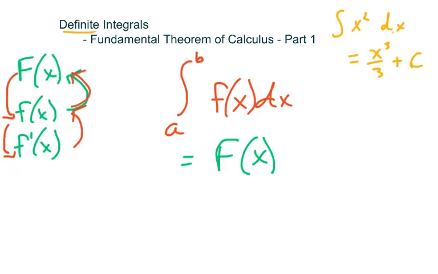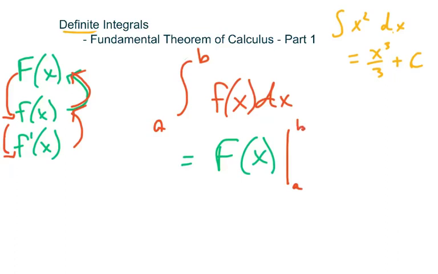So if this a and b value weren't here, the antiderivative of little f of x would be capital F of x plus c. That's the indefinite integral process that we were doing last week. But now, because we do have an a and b value, when we take the antiderivative and get capital F of x, we're going to write this vertical line here and write a and b.